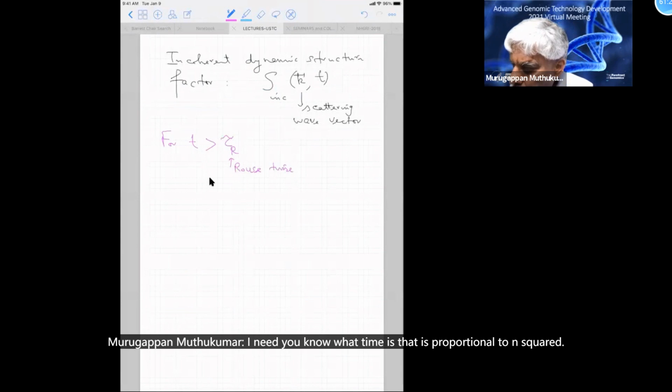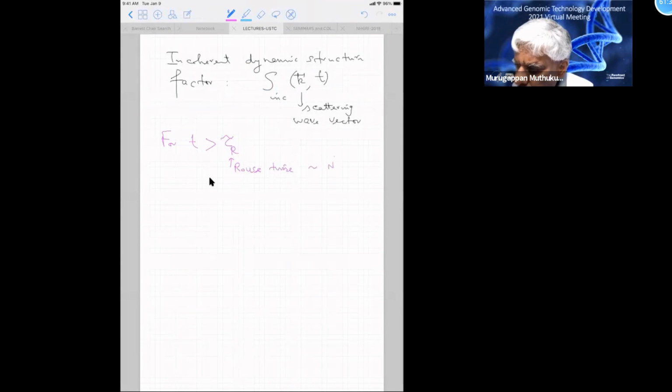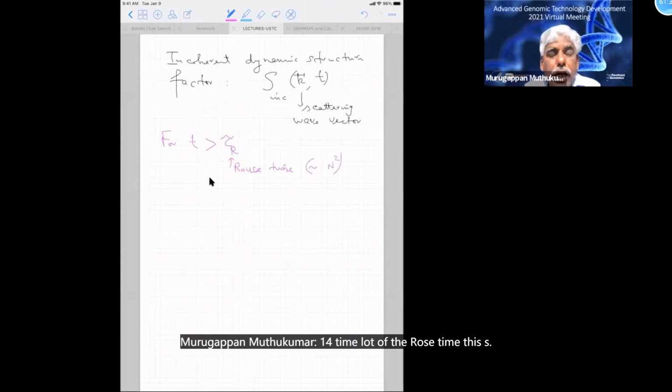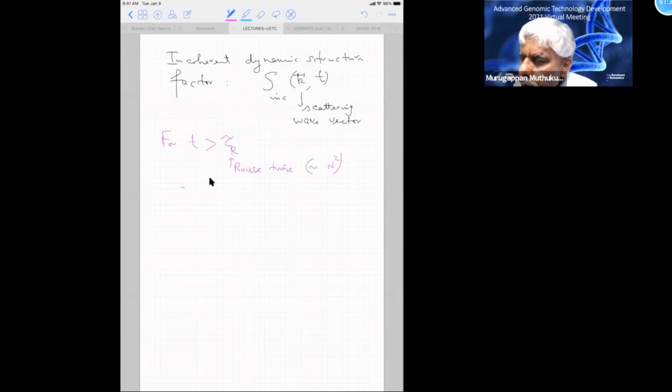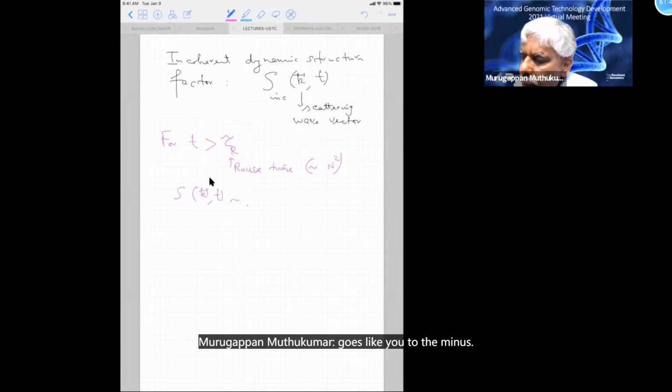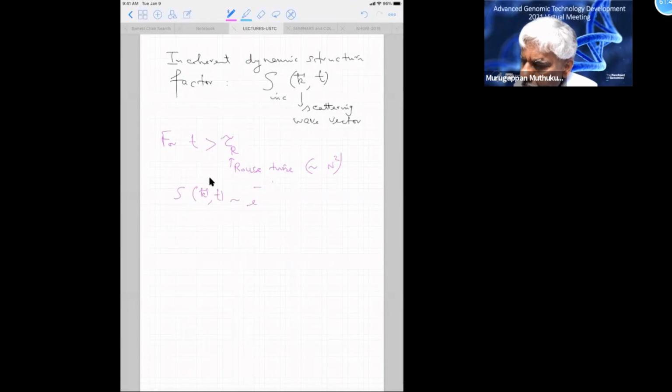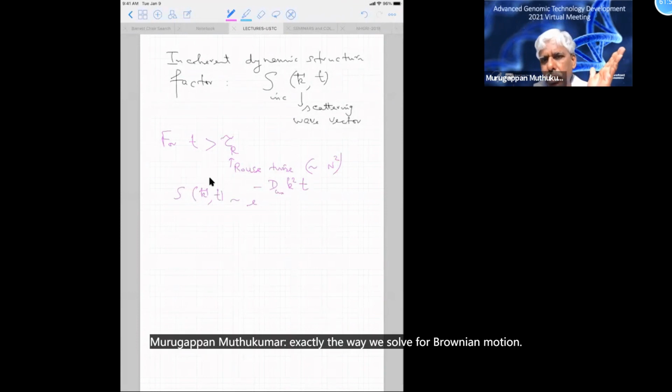That is proportional to N squared. For times larger than the Rouse time, this S(k, t) goes like e to the minus D center of mass k squared t. Exactly the way we saw for a Brownian particle.